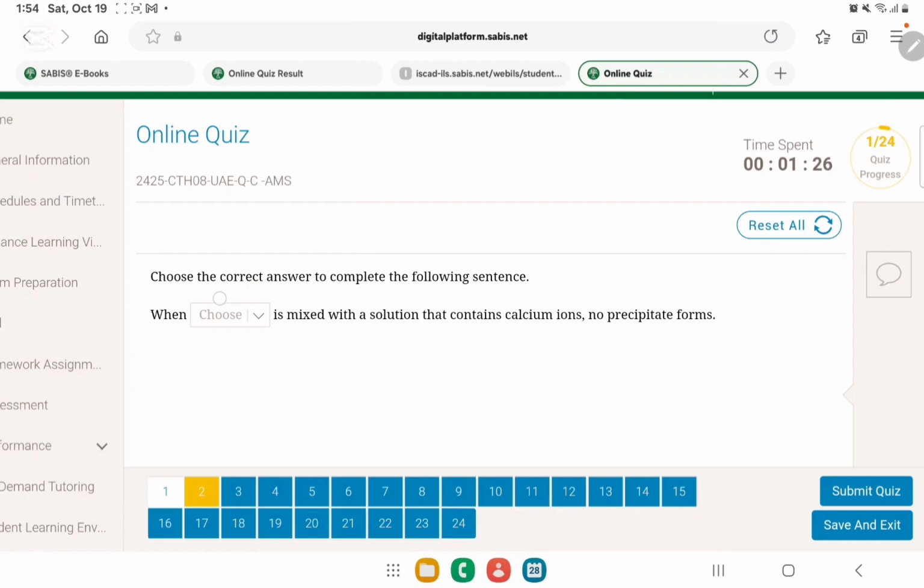Now here, when what is mixed with a solution that contains calcium ions, no precipitate forms. So from all the tables that we memorized last week, what do you remember about Ca? We can test it using the flame test, and then we get brick red.